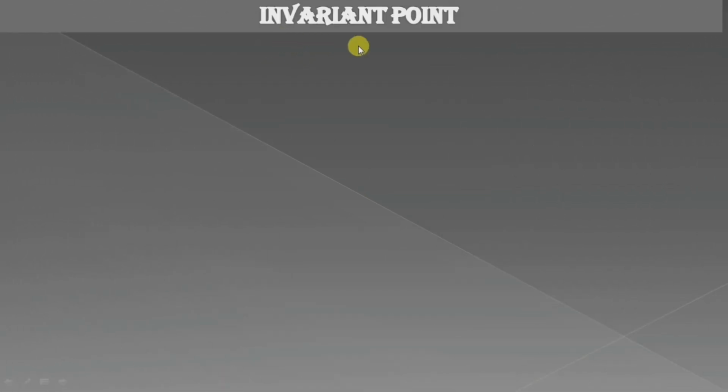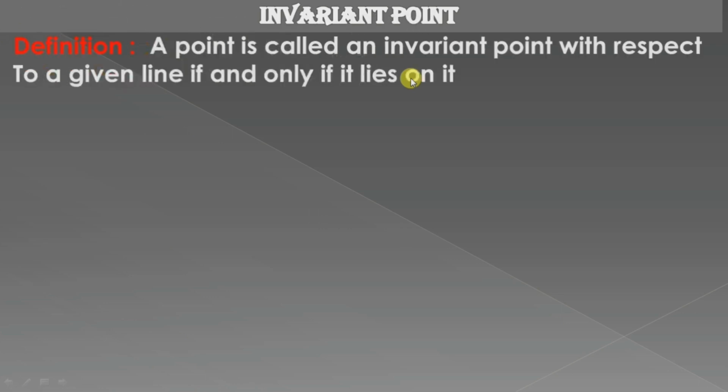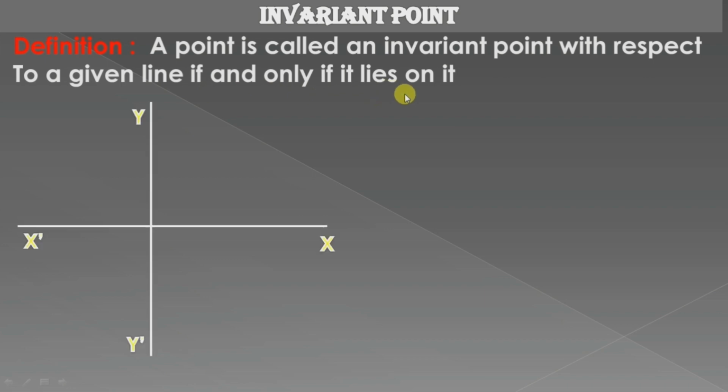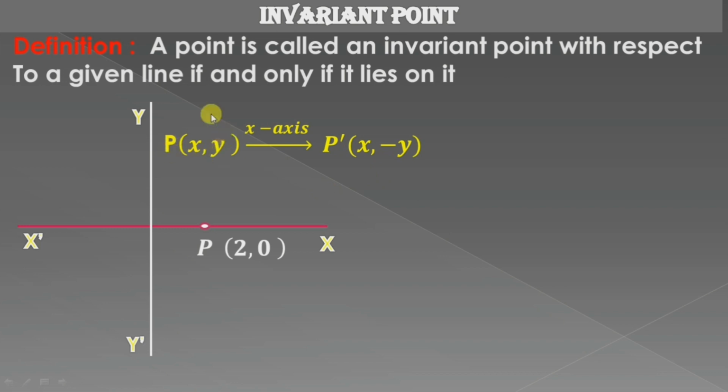Next topic is invariant point. The definition of an invariant point says that a point is called an invariant point with respect to a given line if and only if it lies on it. Let me explain with the help of this example. Let us consider there is a point whose coordinates are 2, 0 and is reflected through the x-axis. According to the formula, any point when reflected through the x-axis, the coordinates of its image P prime: x remains the same, plus y becomes minus y.